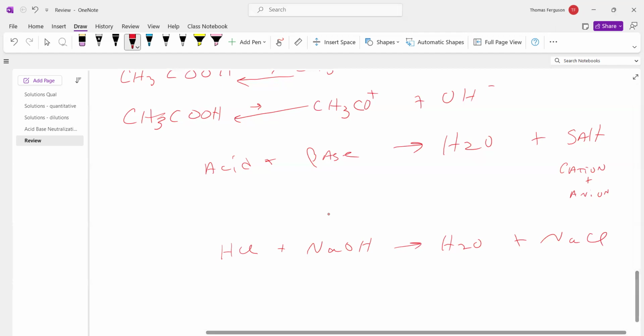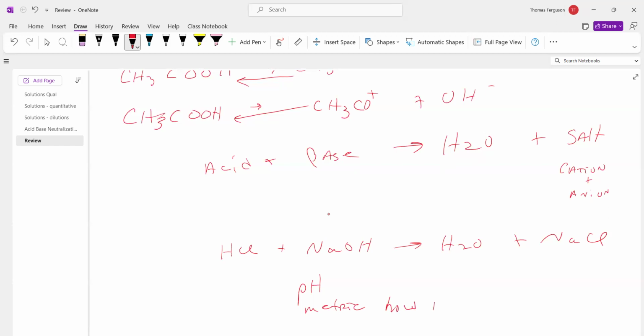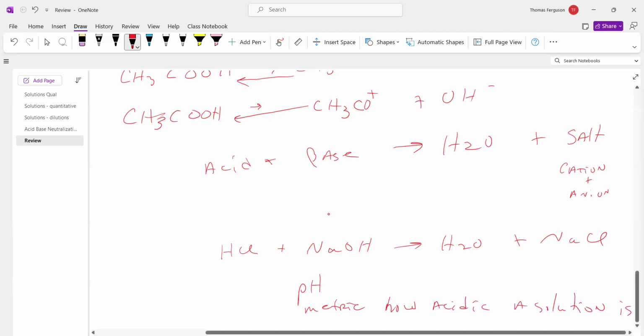And pH, which is a metric for measuring how acidic something is. So this is the metric. And you will study that extensively in 1A and 1B.